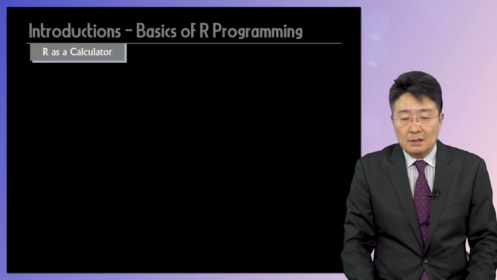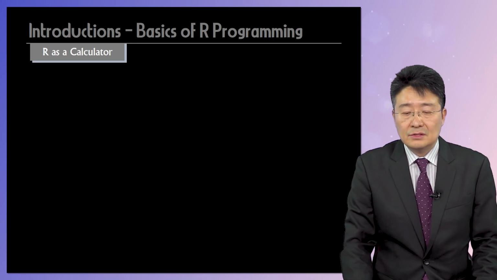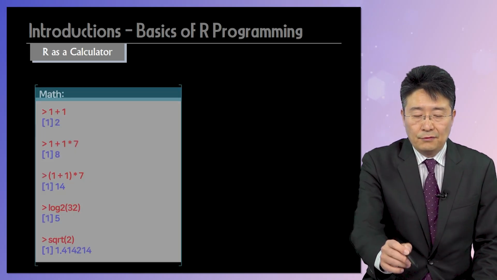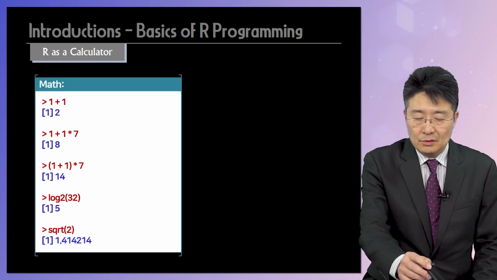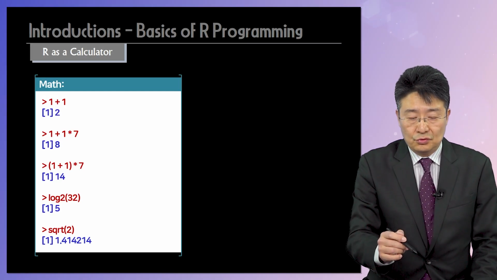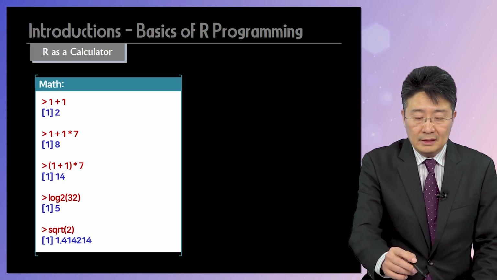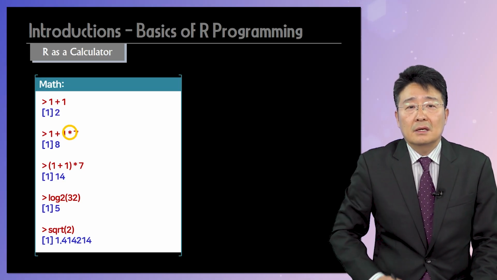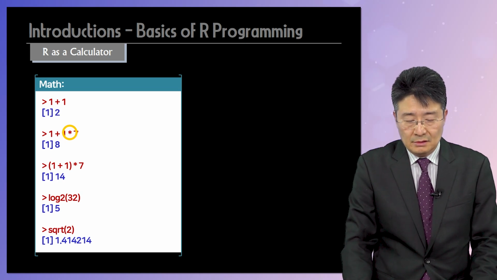Let me start with some basics of R programming. You can use R as a calculator. For math, you can use R as your calculator. 1 plus 1 is equal to 2. This asterisk means multiplication.